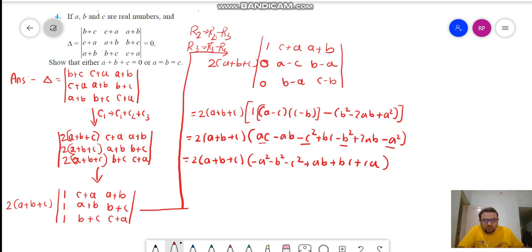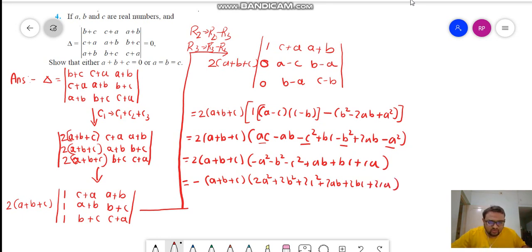Okay. So now what I can do, I can take this minus sign common. Clear? And I can multiply these two inside. So I will get 2AB, 2BC and 2CA. So taking minus common, A plus B plus C, and multiplying it by 2: 2A square plus 2B square plus 2C square plus 2AB plus 2BC plus 2CA.